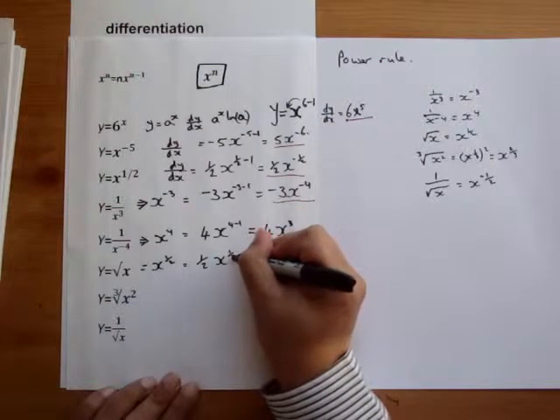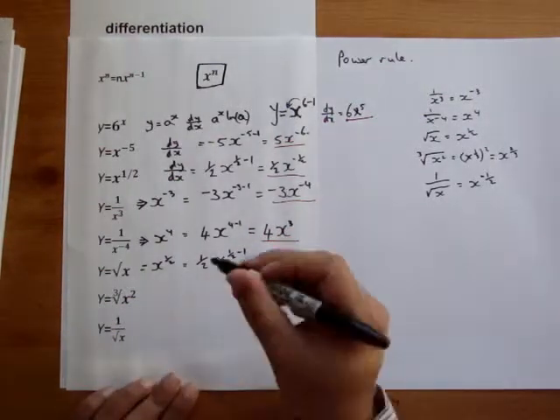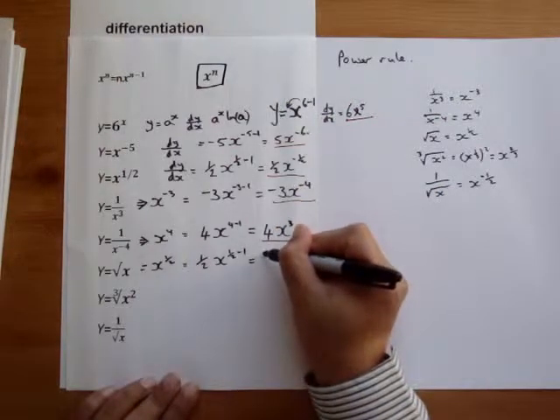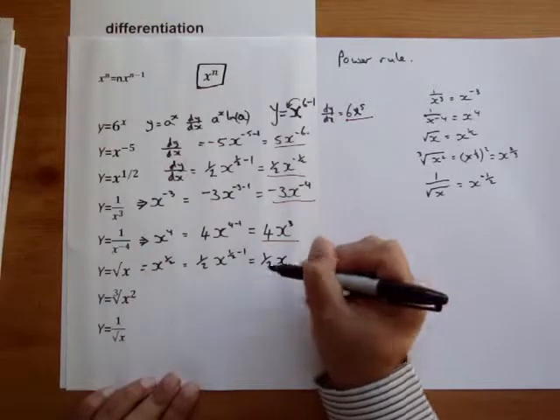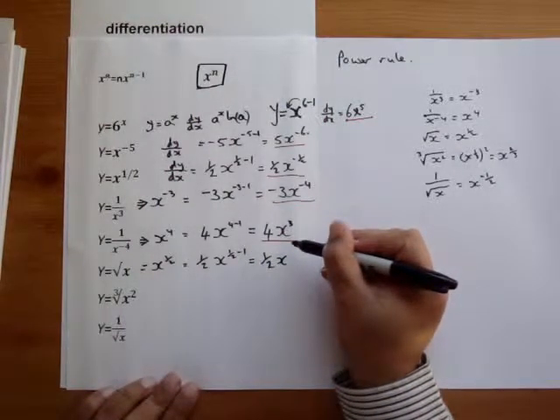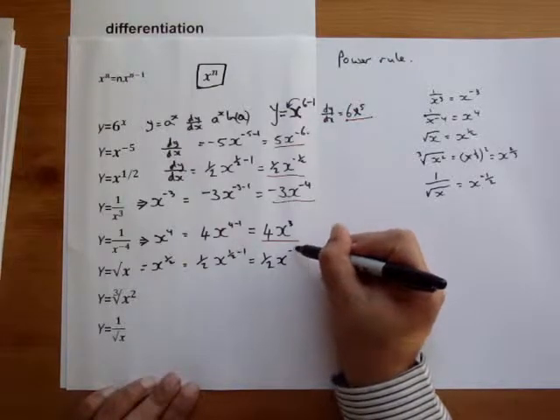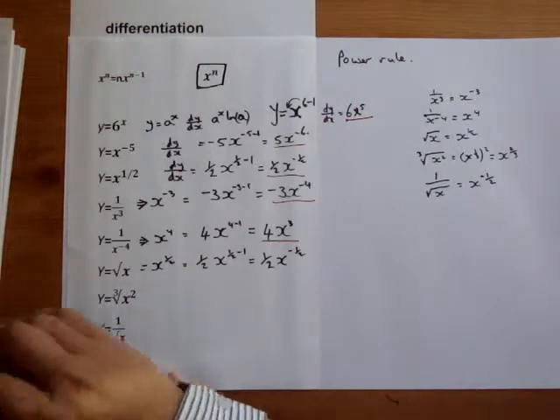X to the half minus 1 equals a half x to the power, and a half minus 1 is minus a half. And that is our answer.